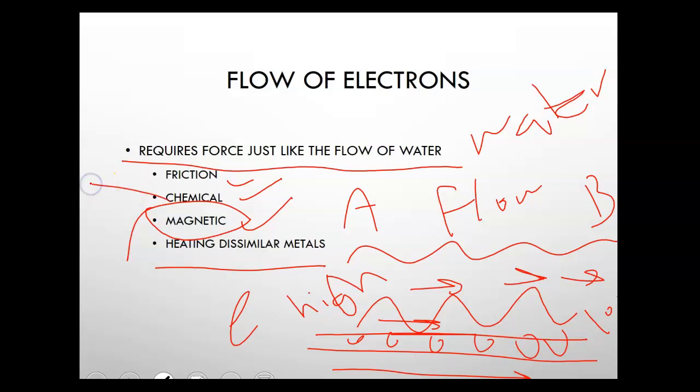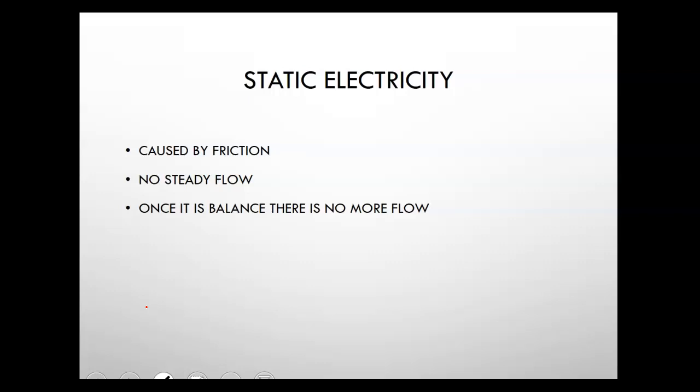Chemical electricity was discovered 5,000 years ago in China and ancient Egypt, making batteries using acid and metals, and they realized that they can make flow out of that. Heating dissimilar metals is very recent. I think the next slides have some elaboration about these methods. They are very, very interesting.